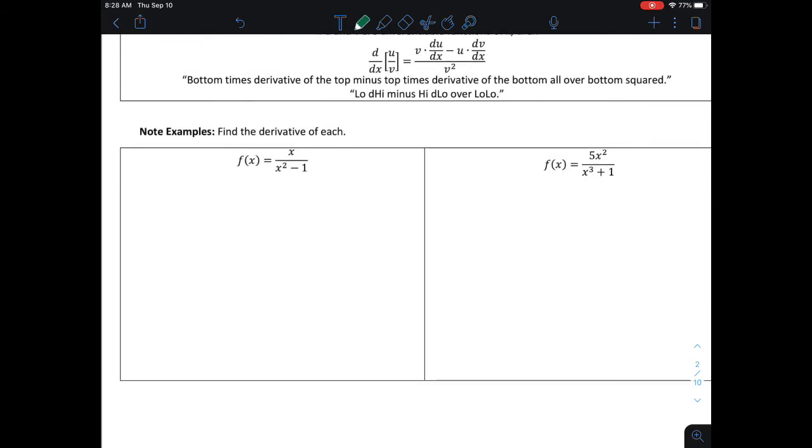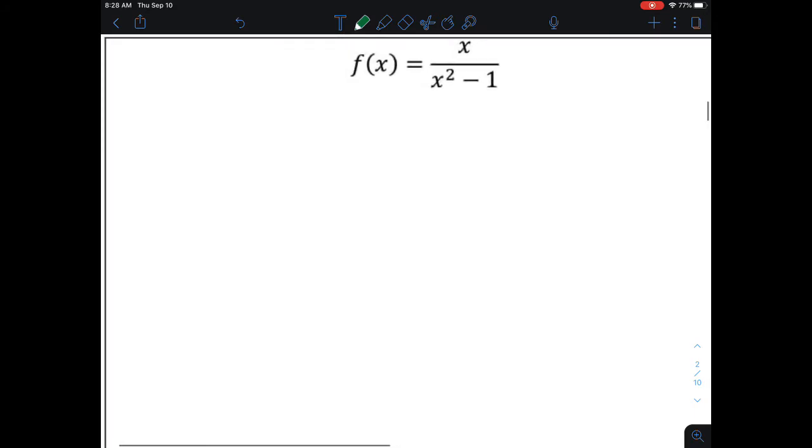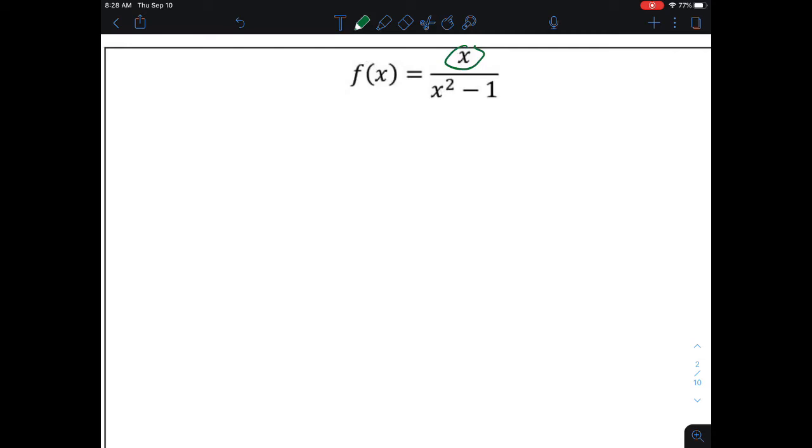So I want to find the derivative of f in this case, and f is the quotient of x divided by x squared minus 1. And so what I'm going to do is I'm going to write out my derivative here. So my derivative, I'll have top will be green, bottom will be red.